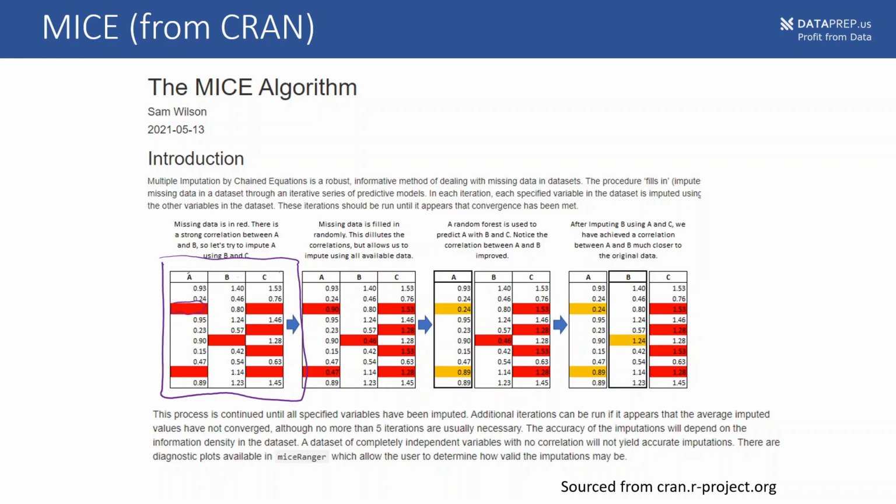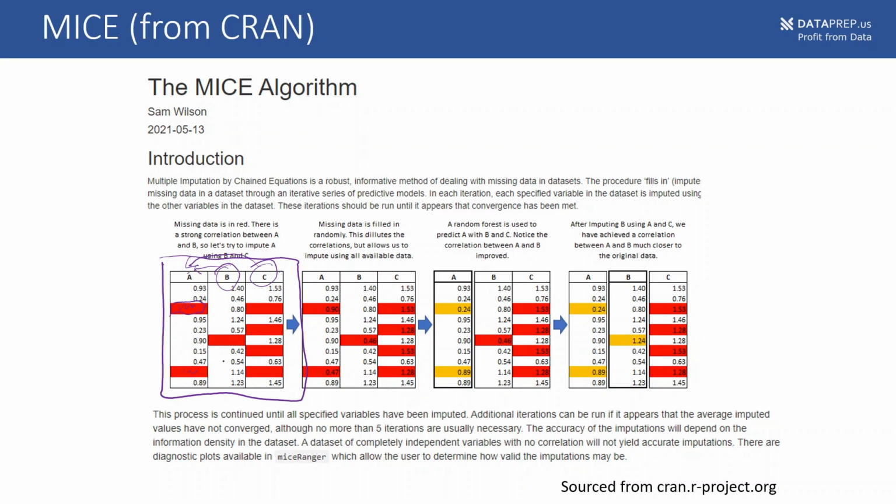Here we have a situation where all the values in red are missing, and we have three columns, A, B, and C. What we do in this situation is we use all the columns except the one we are trying to estimate, and use these to estimate the value in the first column. So we use regression or something else to calculate a value here. Now, obviously, this is going to be an estimate.